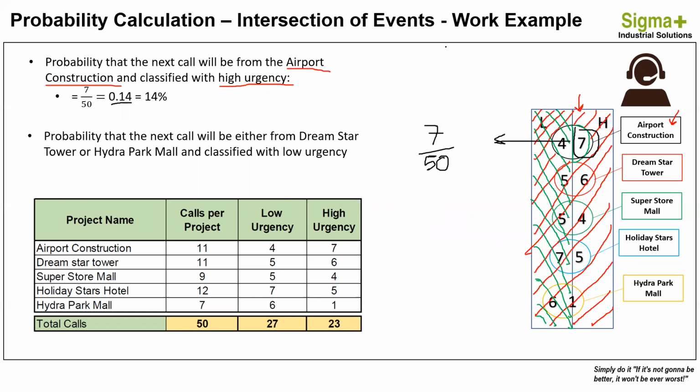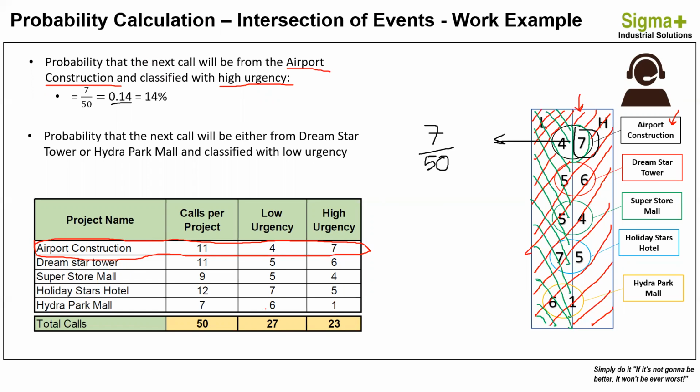Now, if we want to use the contingency table to calculate the intersection probability, we can do that. So we have solved the first requirement through the Venn diagram. But if I want to utilize the contingency table, my first event of interest is that the call is received from the airport constructions. So I can highlight this row, where I'm highlighting that the call is from the airport constructions.